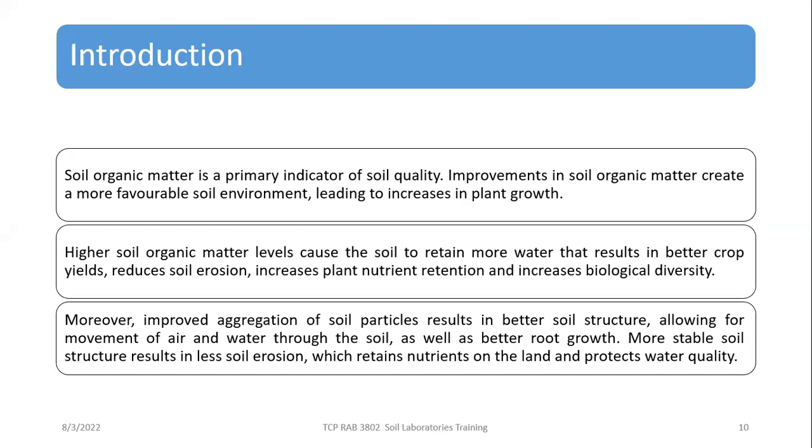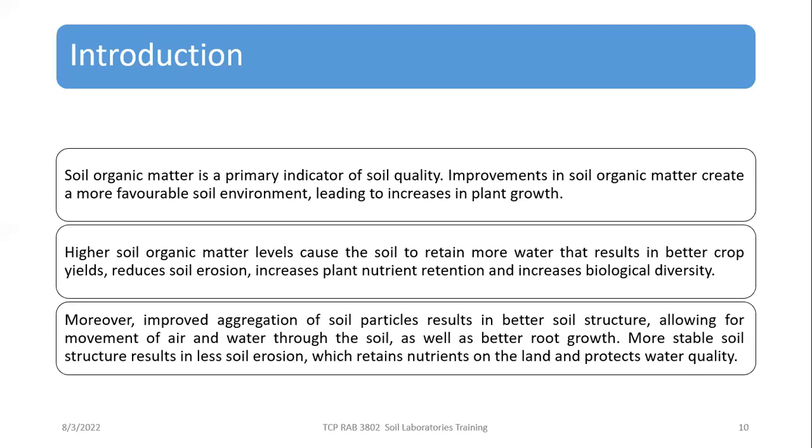As I said, soil organic matter is the primary indicator of soil quality. Normally, soils with good organic matter content have good quality in comparison to low ones. An improvement in soil organic matter provides a more favorable soil environment, and this will lead to improved plant growth.